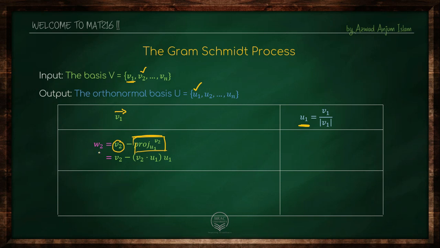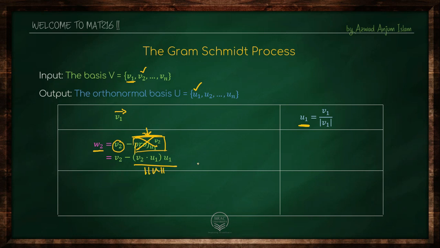Whatever we are left with is going to be perpendicular with u1, because everything that is not perpendicular with u1, we already got rid of. And the good thing is, as u1 is orthonormal, the projection equation is very simple. We don't have to divide by the length of u1, because the length of u1 is just 1.